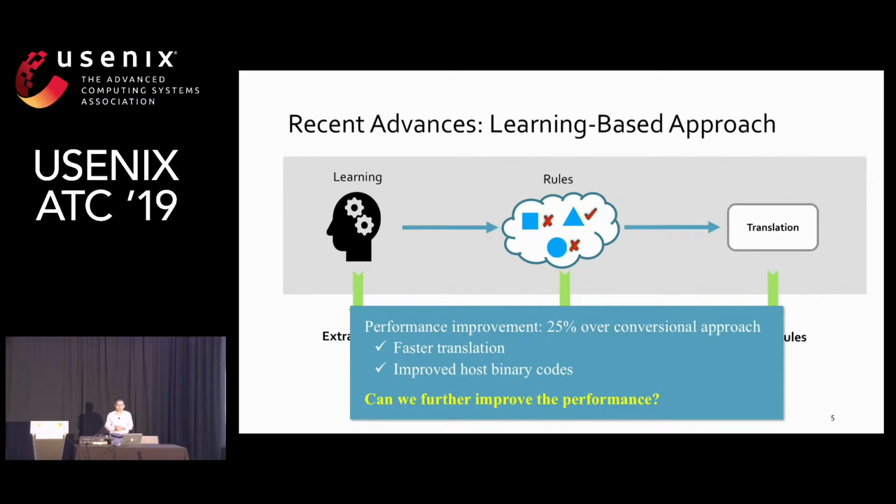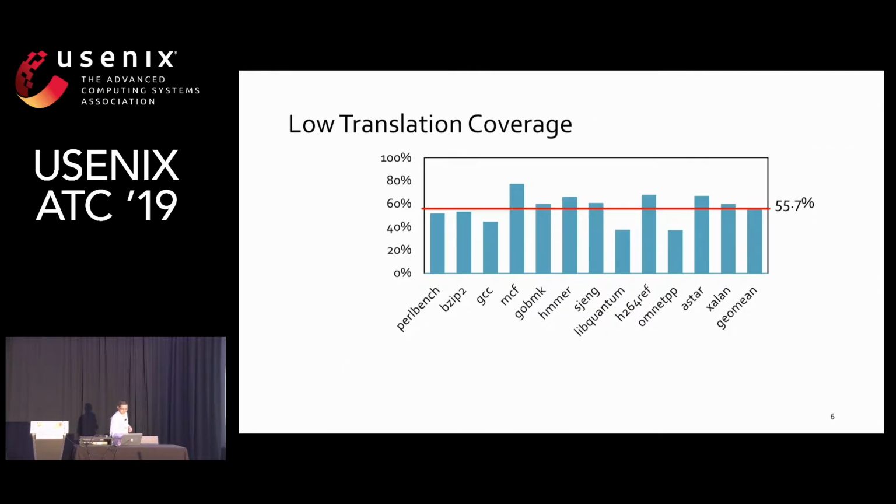The question here is, can we further improve the performance using this approach? This figure shows the translation coverage achieved by using the translation rules learned using this approach. Here, the coverage means the percentage of the guest instructions that can be translated using the learned translation rules.